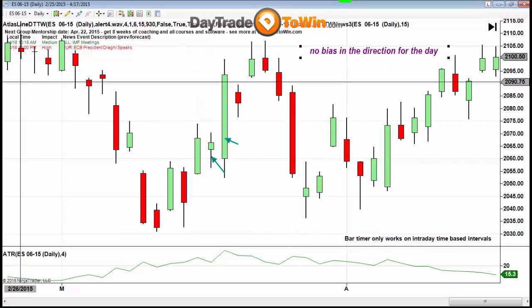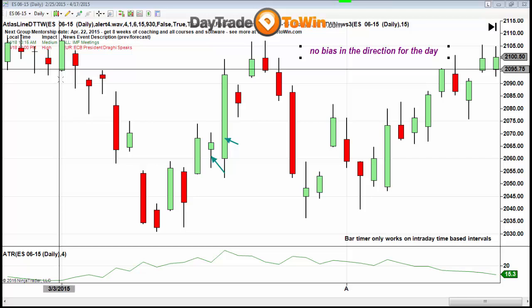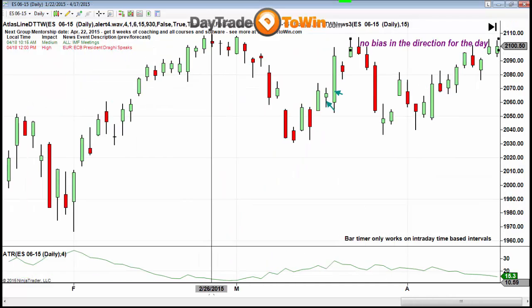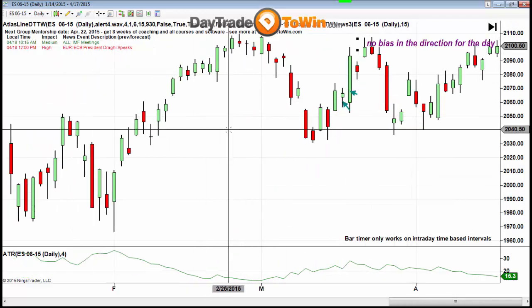Instead, what I want to do is look at whether the market yesterday was a tight range day or a large range day. And I'll tell you why. The days that you see plotting on the chart occur consecutively in the same fashion.